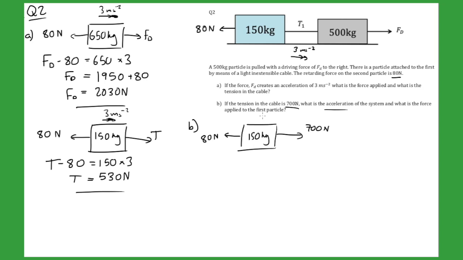I don't know what the acceleration is, so I'm going to write 700 minus 80 equals 150A. So this gives me 620 divided by 150. So the acceleration of the system is 4.13.